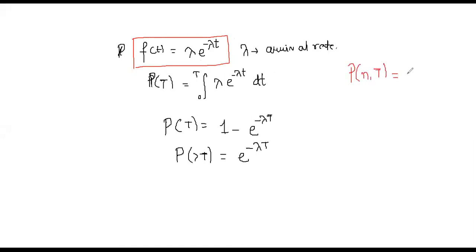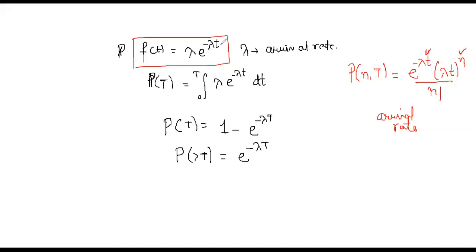That formula I had written will be equal to e raised to the power minus lambda t, lambda t raised to the power n, divided by n factorial. This is related to the arrival rate because it considers how many customers are arriving in time t. That thing has been discussed in the arrival rate, therefore it includes the number of customers as well as the time.